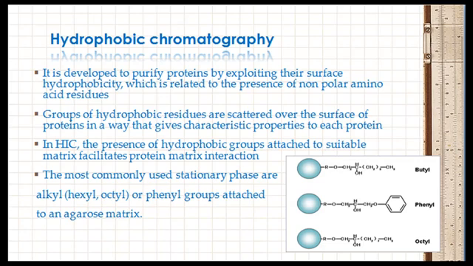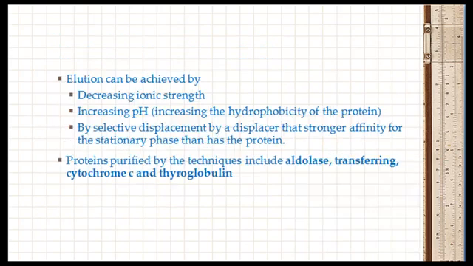Elution can be achieved in hydrophobic chromatography by decreasing ionic strength or increasing pH, that is, decreasing the hydrophobicity of the protein, or by selective displacement by a displacer that has stronger affinity for the stationary phase than the protein has. Another practical problem with the technique is its non-predictability, in that it works well for some proteins but not for others.